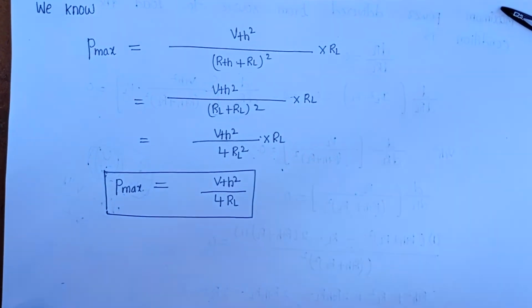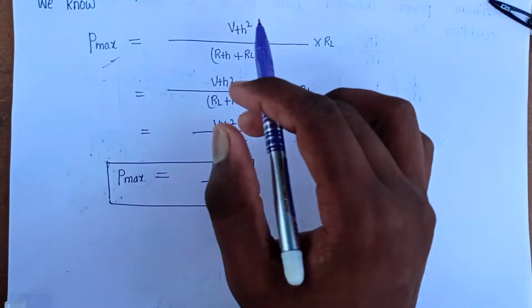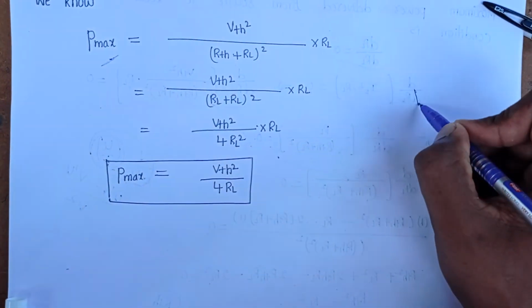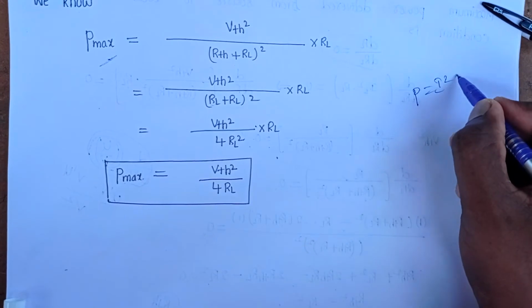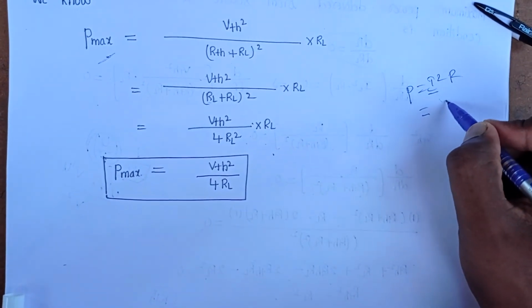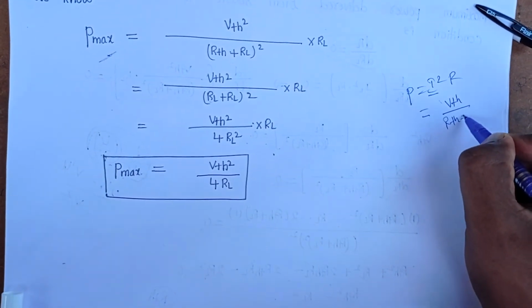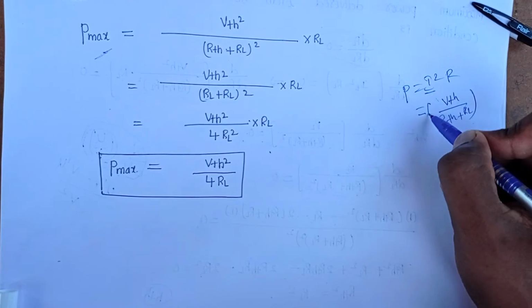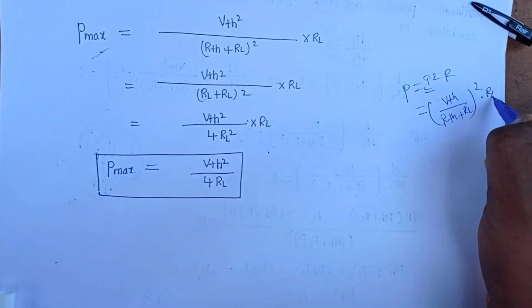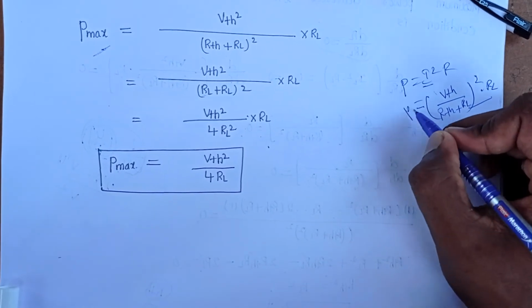Okay, next see the power. Here P max means maximum power. We already saw the power formula: P is equal to I squared into R. I is nothing but V by R, so V is VTH by RTH plus RL, whole squared, into RL. This is the equation for power.